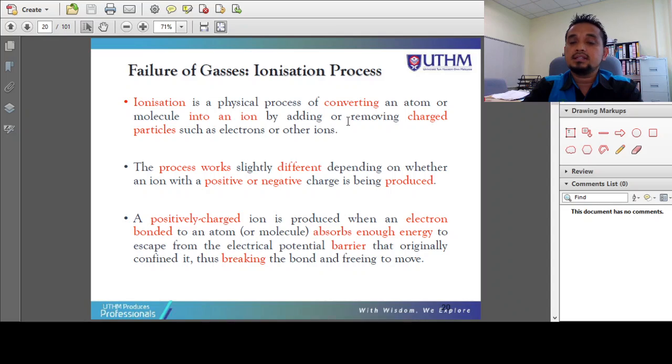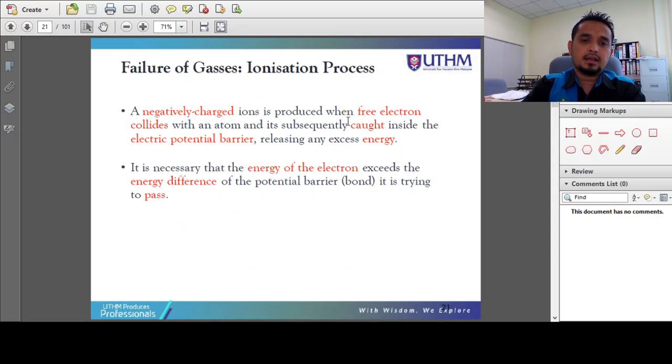This is the basic physics that we learned, I think, in standard 5, standard 6 in secondary school. I do believe you can still recall it, but I don't want to go into detail on this one. It's just to help you understand how the ionization process occurred.